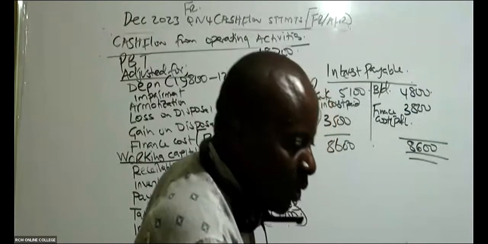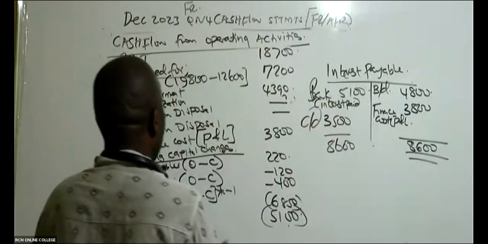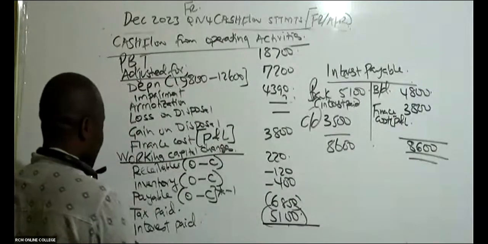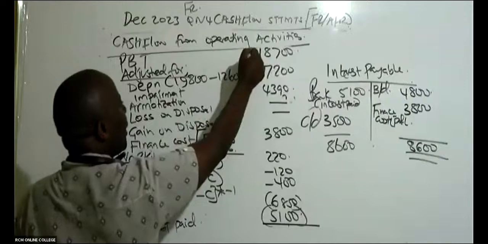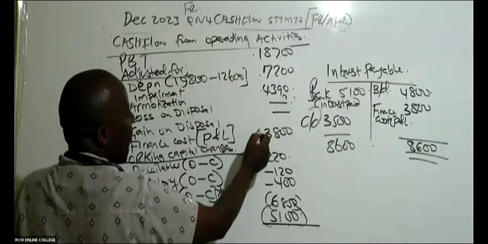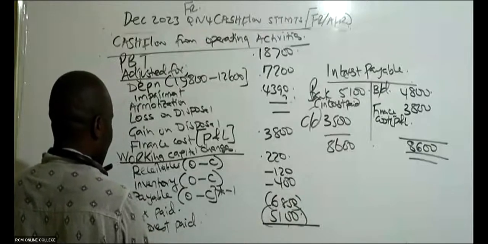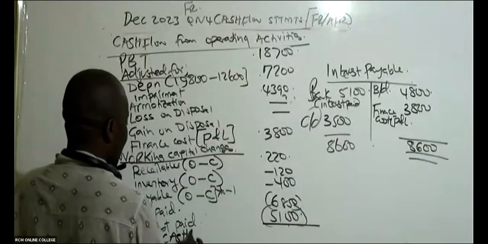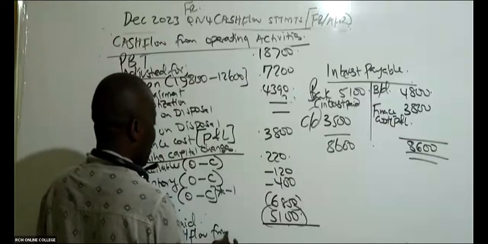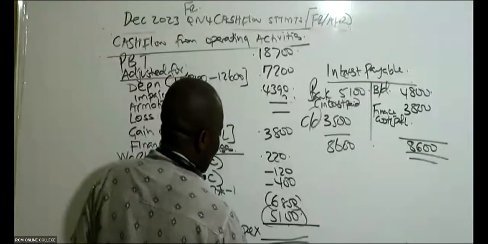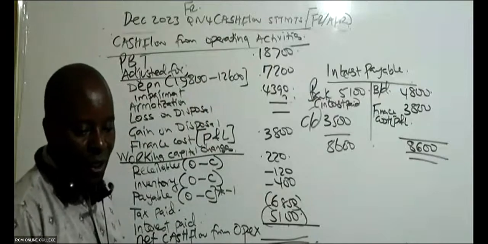So then come and give me the net cash flow from operating activities. You take this plus this plus. These others are negatives. Give me the net cash flow from operating activities. What do we have?